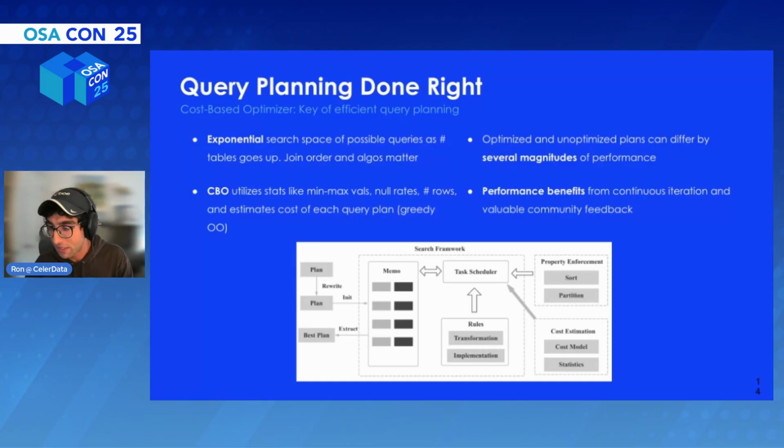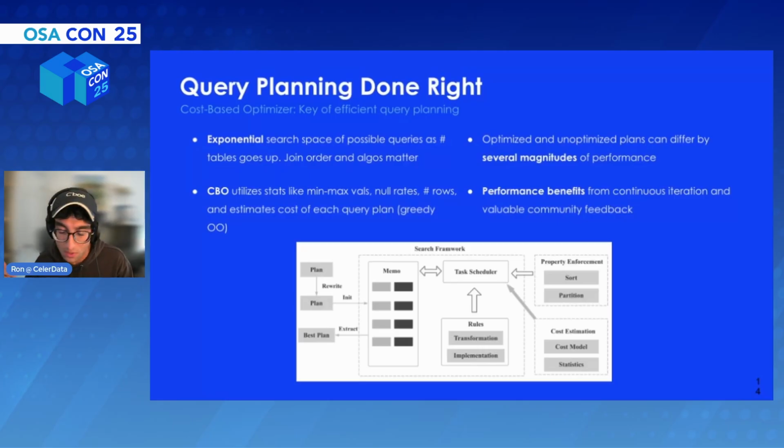So not only do you have to consider the join order, but you have to think of different join algorithms and execution strategies. Am I going to be using hash join? Am I going to be using something like a merge? How am I going to actually be leveraging that under the hood? So that makes the search space super, super massive. We tackle that by using a cost-based optimizer that utilizes statistics, things like min max values, null rates, number of rows, and that allows us to estimate the cost of each query.